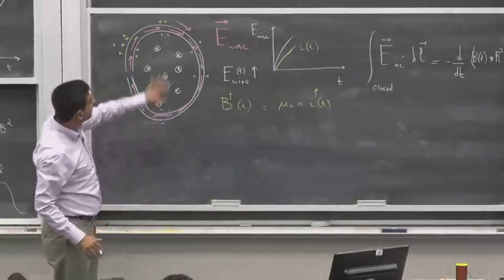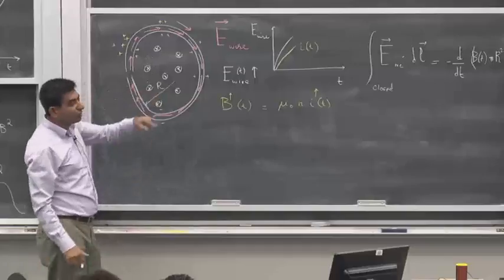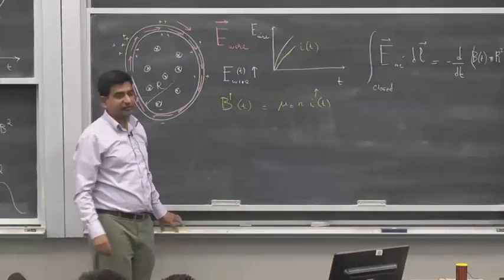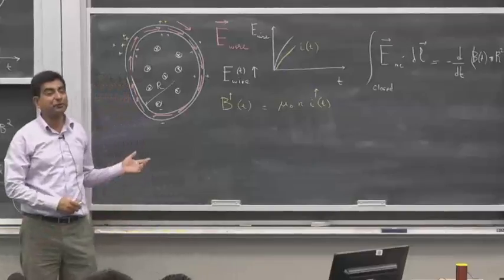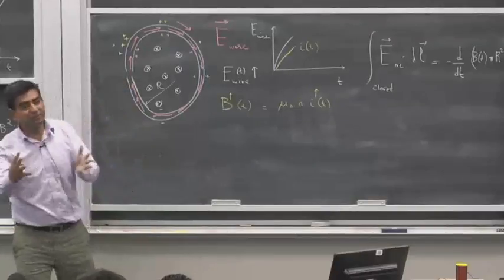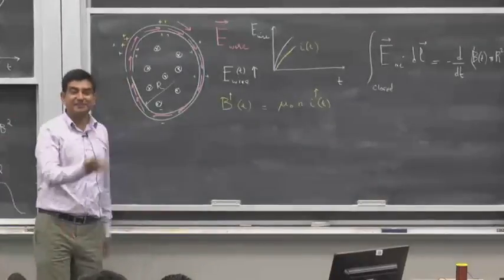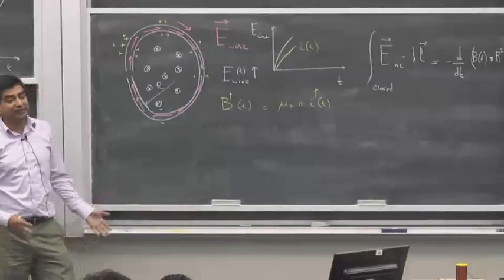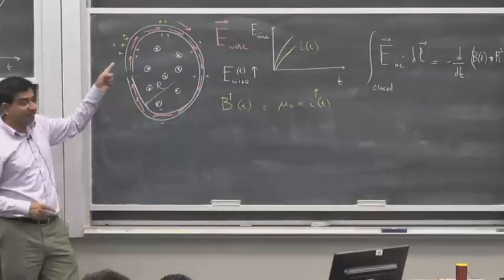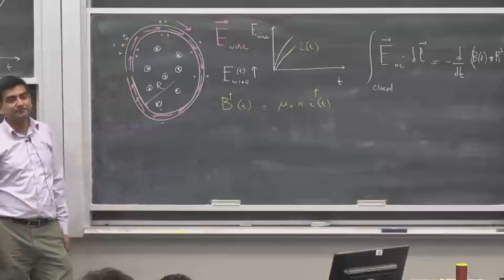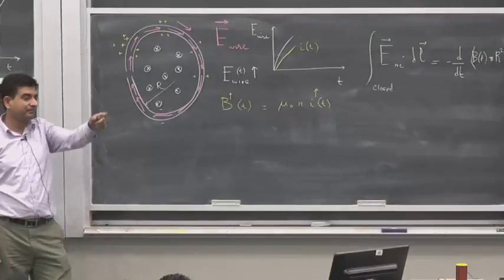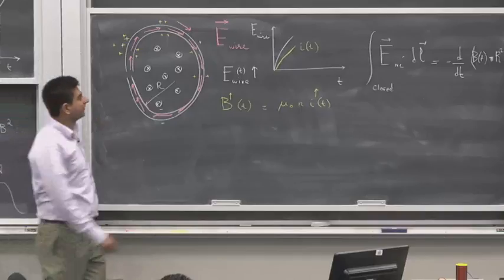So since the flux is changing, a non-conservative electric field is going to be set up. And what's the direction of that non-conservative electric field? That should produce a magnetic field of its own that's pointing outwards, because that opposes the stimulus. So what's the direction of the new electric field being set up inside this wire? So it's going to be anti-clockwise.